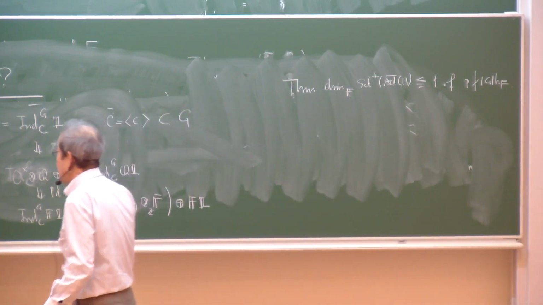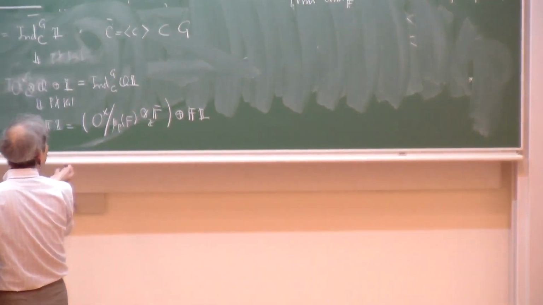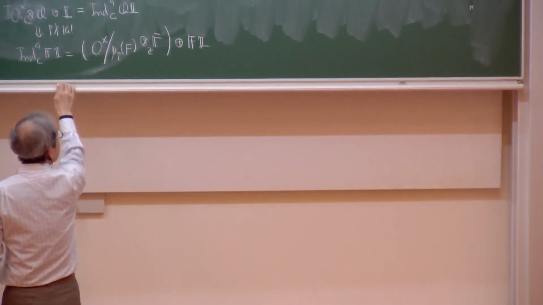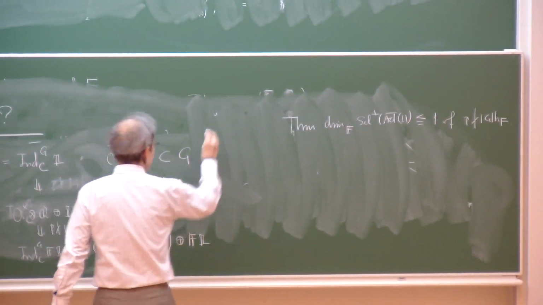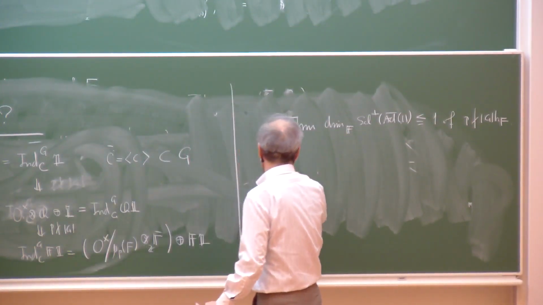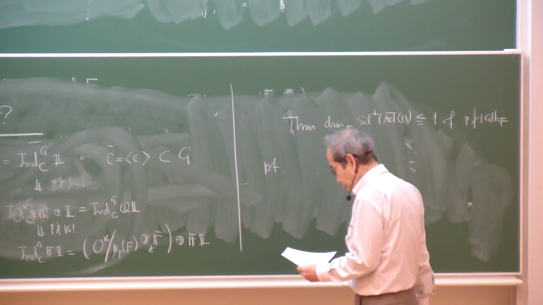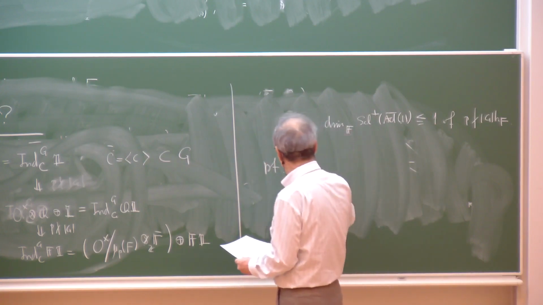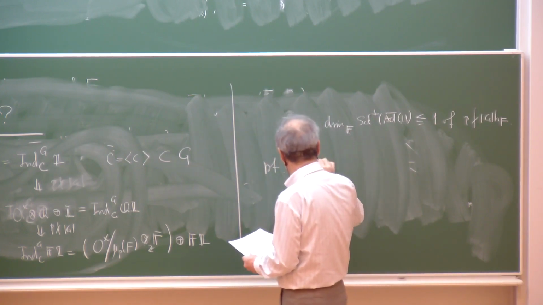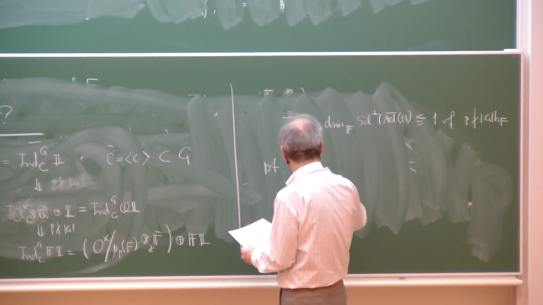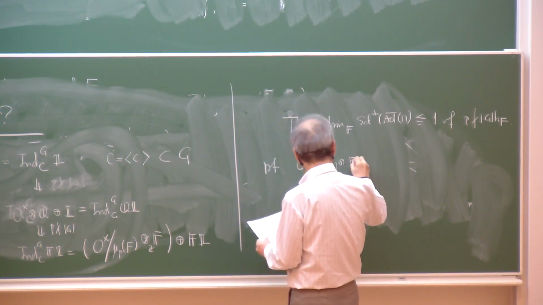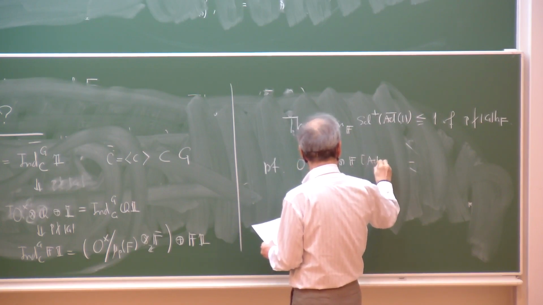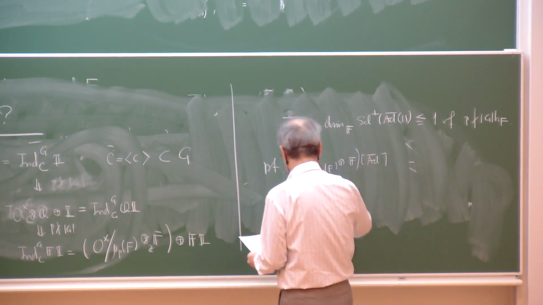Okay, so that's the proof. Let's continue here. So, O cross tensor, I need to divide by mu_p F. It's just the same argument.